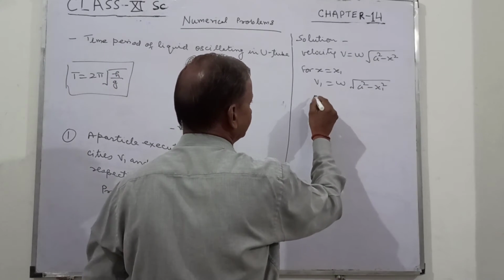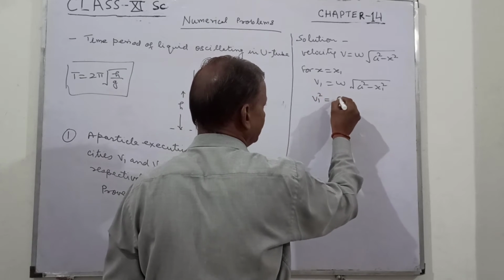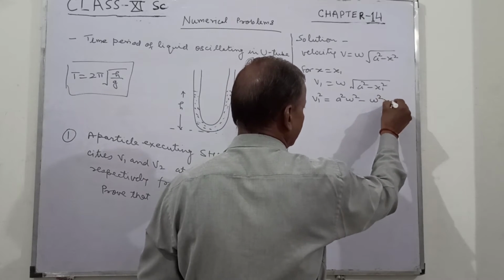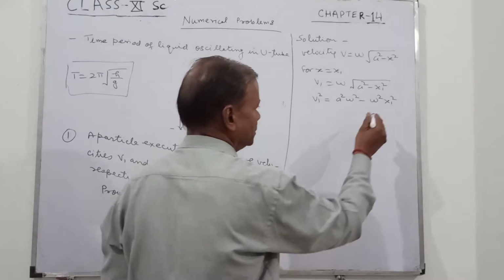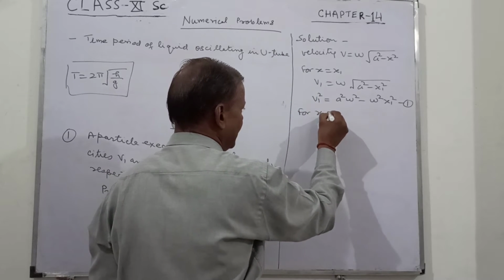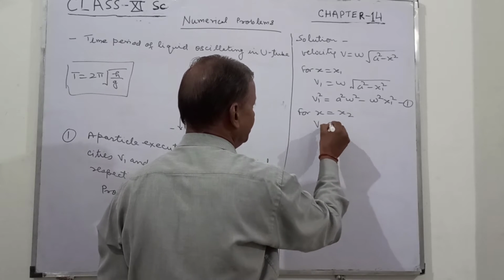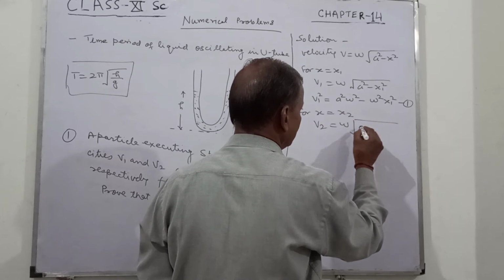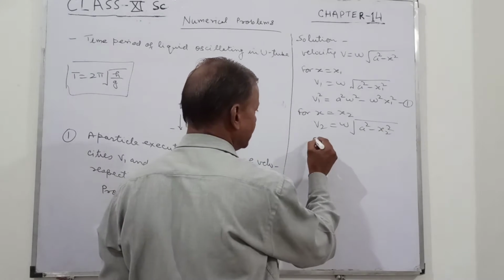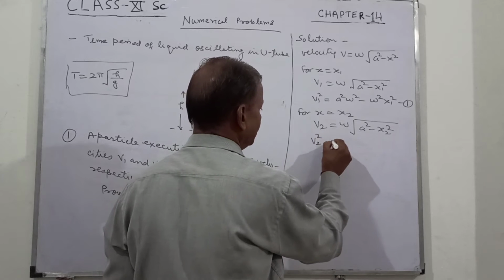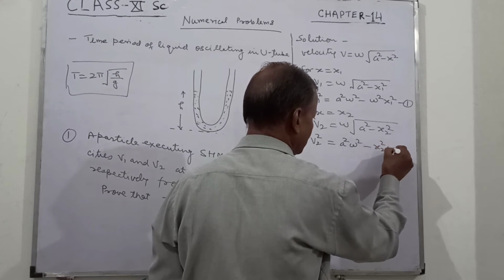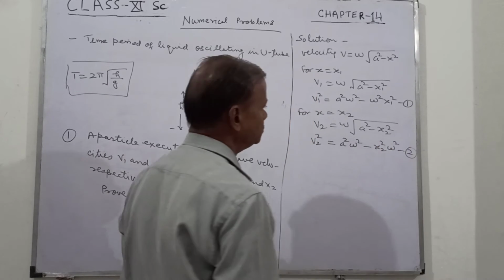So this we can write, squaring both sides, v1 square equal to a square omega square minus omega square x1 square. This is your number 1. Then for x equal to x2, v2 equal to omega square root of a square minus x2 square. And now you can have v2 square equal to a square omega square minus x2 square omega square. This is now number 2.